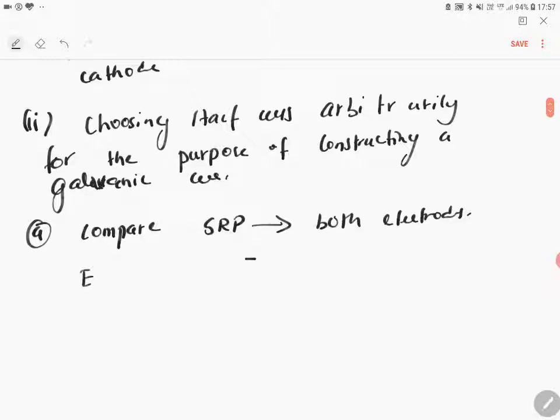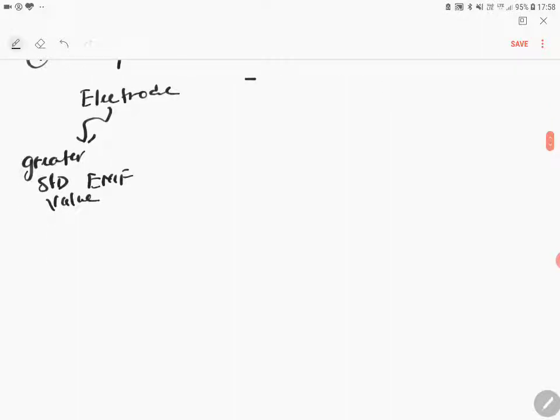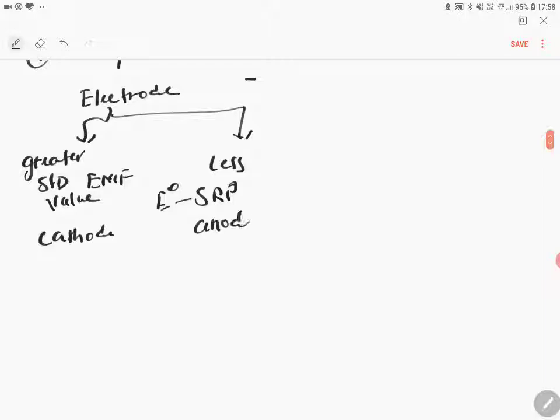The electrode which has greater standard EMF value will be considered as cathode. All of you know this. Okay. Similarly, the electrode which has less E naught SRP value will behave as anode.